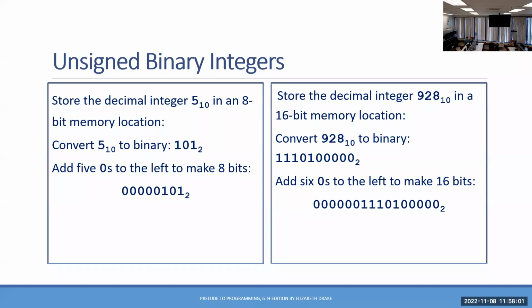So think about this one here. If I want to store the decimal number 5 into the 8-bit memory location, the first step, I have to convert 5 into the binary. So if I convert 5 into binary, I have 1 0 1 here. Now, if I want to store it in 8-bit memory, I have to add 5 0s before that in order to make it for 8-bit here, right?